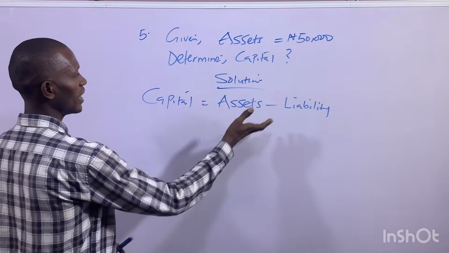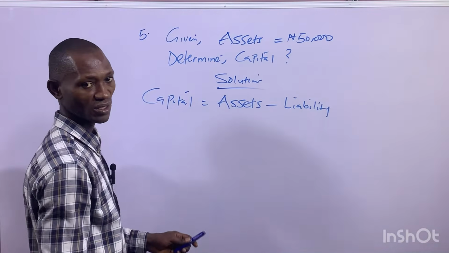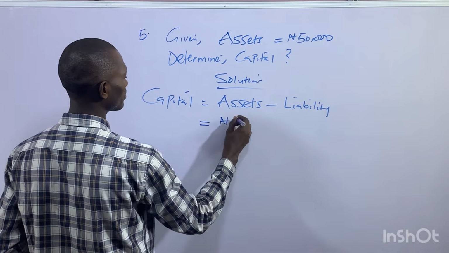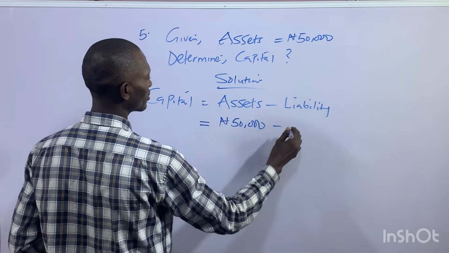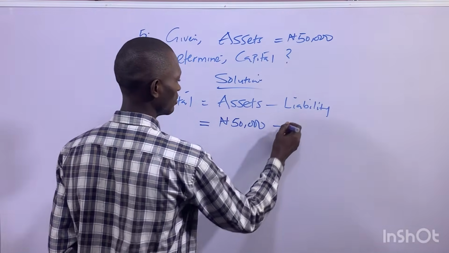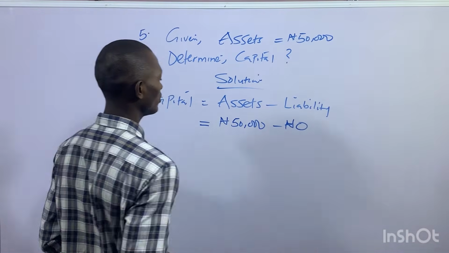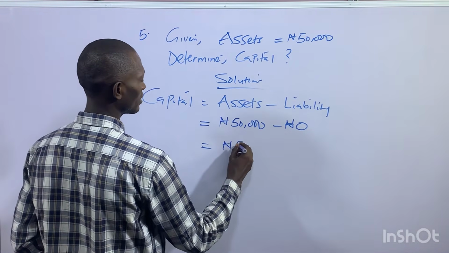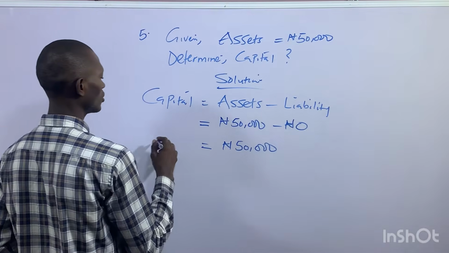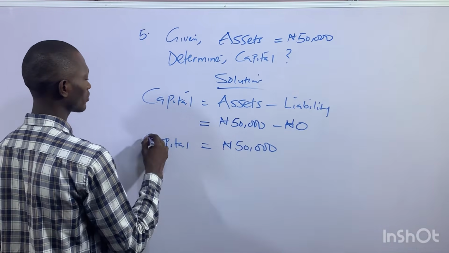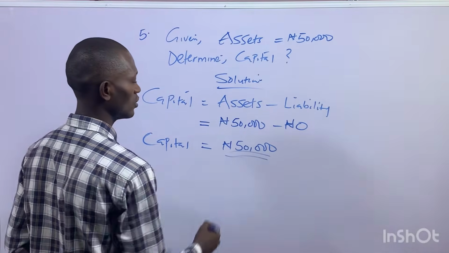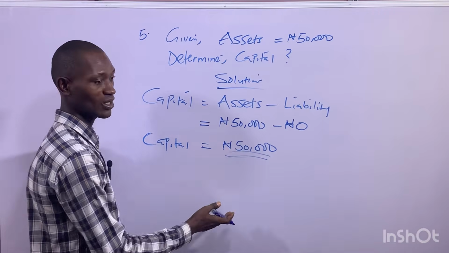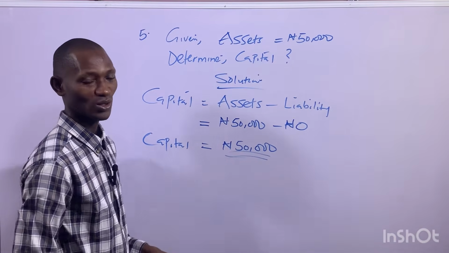So exactly what we have in this question, no liability was given. Asset is given as 50,000, and since nothing is given regarding liability, you assume it to be 0. Then the capital now is 50,000 plus 0, that gives us 50,000. So this is our capital. Here, capital is equal to assets, and when capital is equal to assets, asset is also equal to capital.